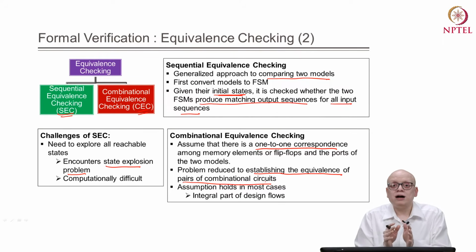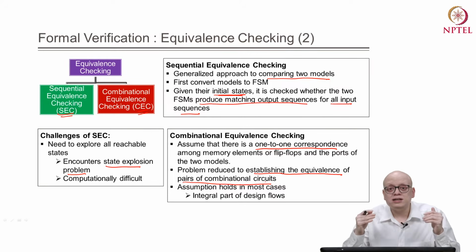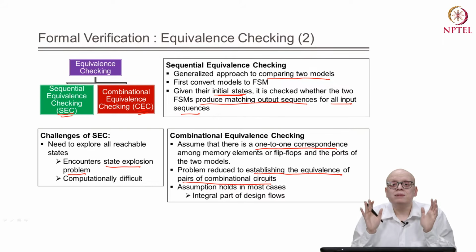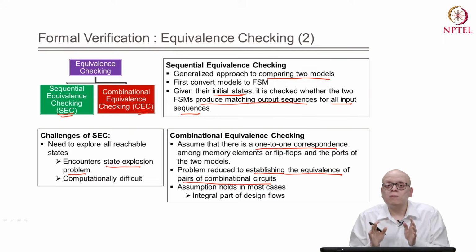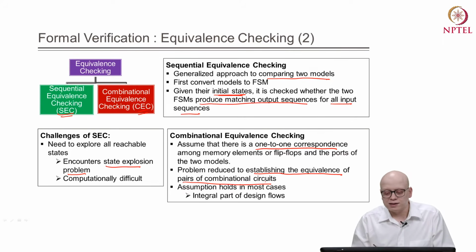But in the major part of our design flow, the correspondence between state elements and ports remains intact, and therefore combinational equivalence checking is widely used, and now it has become an integral part of design flows. So, in this lecture we will be looking at combinational equivalence checking.